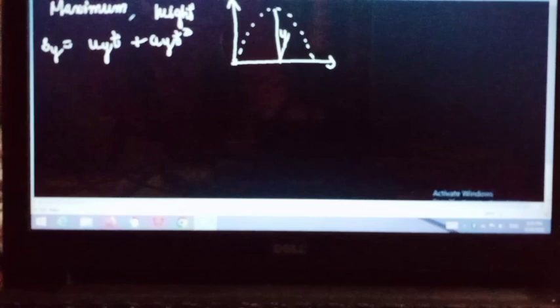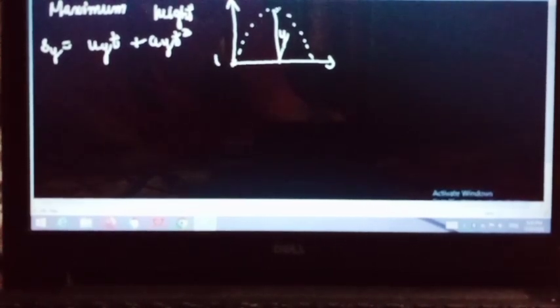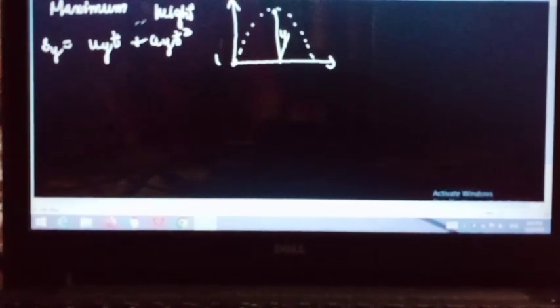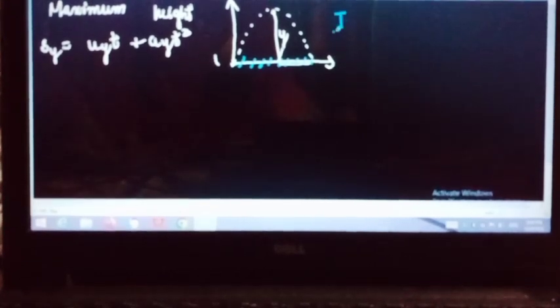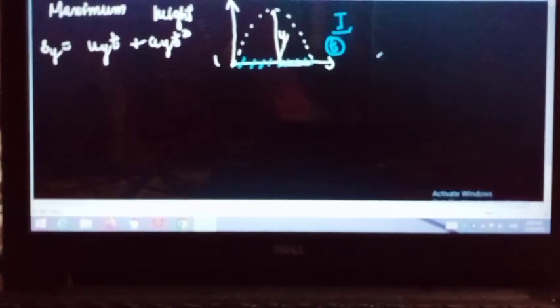Now I have already learned the equation of time of flight, so I would substitute the value of t. Here the maximum height is gained by the object in the time of ascent, so we would use time of ascent instead of time of flight, while in the horizontal range we would use time of flight, because the object attains the horizontal range in total time T, which is time of flight, and attains the maximum height in small t, which is time of ascent.